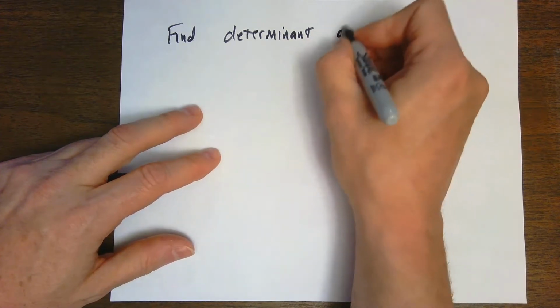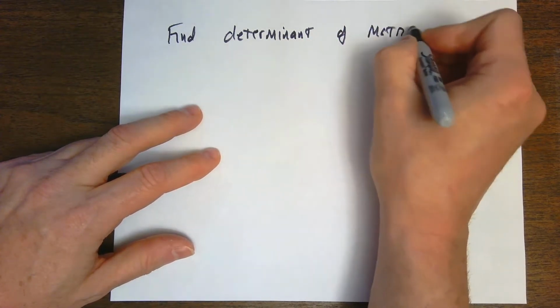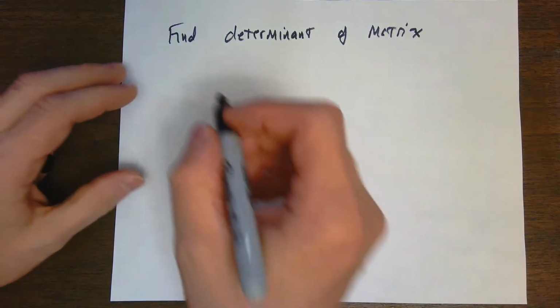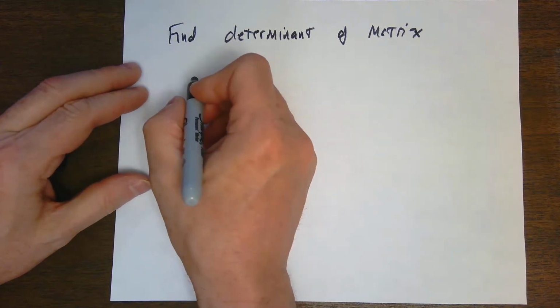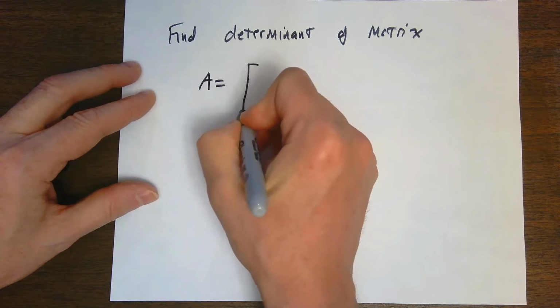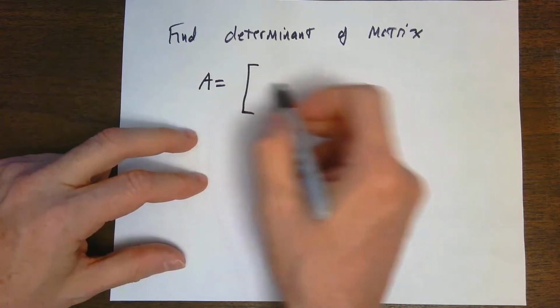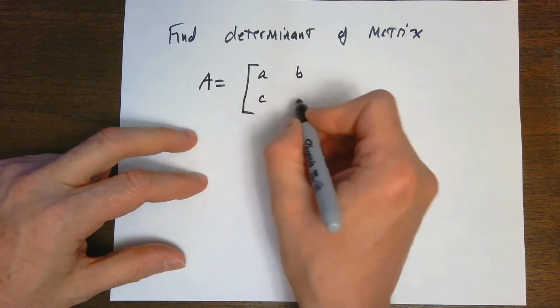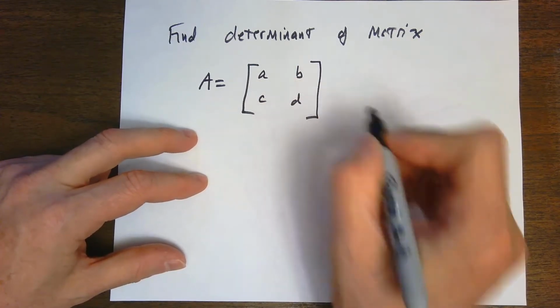Now, we've never talked about this. What is the determinant of a matrix? Well, it's a formula. Let's say I've got matrix A, and I'm going to put some entries in there: little a, little b, little c, and little d.